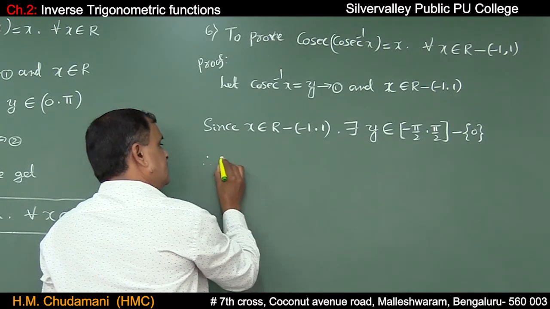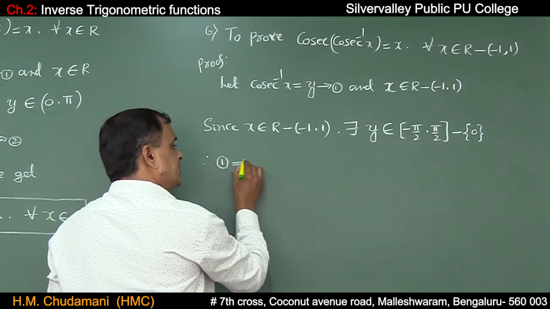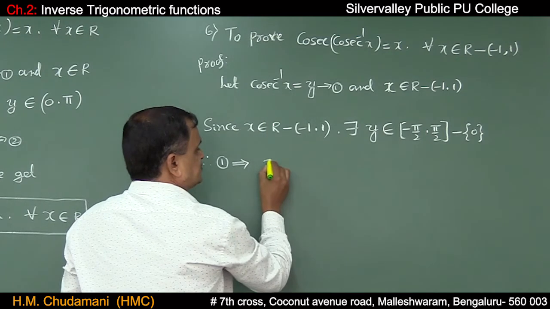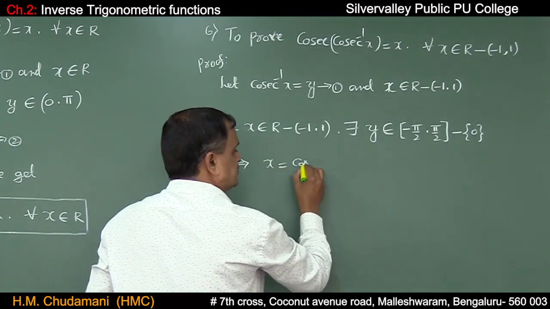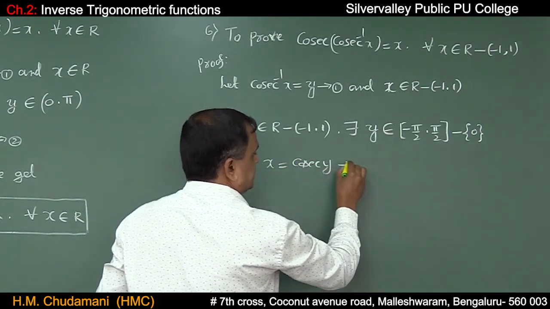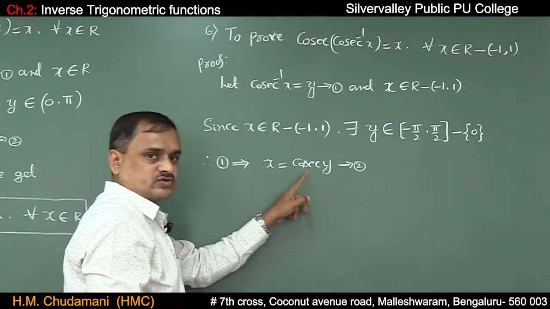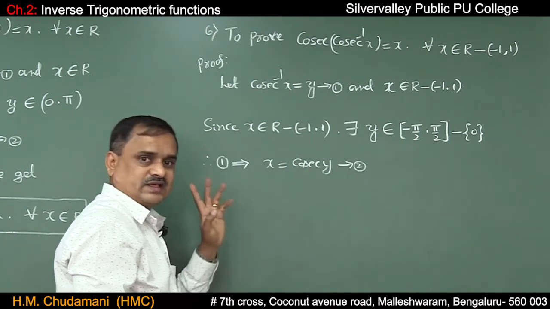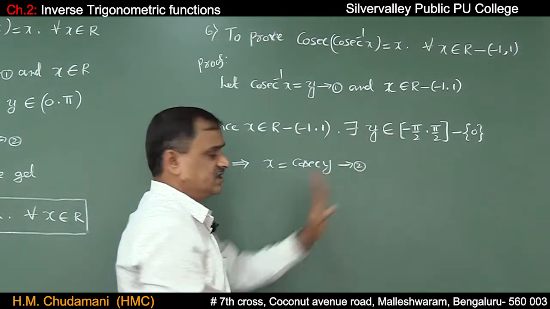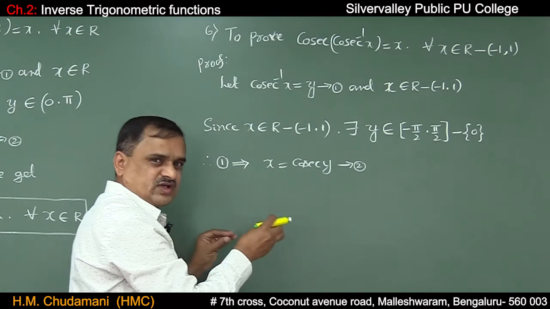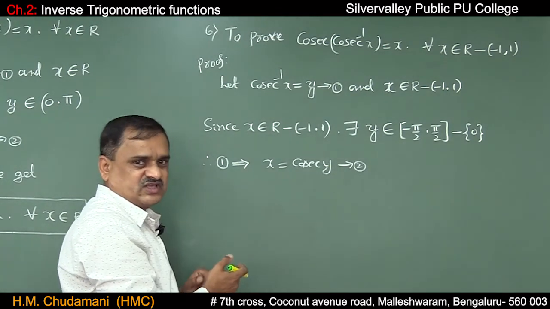So therefore equation 1 can be written as x is equal to cosecant y. If you want to write this, you should know where x and y lie. That's why you need to mention these. Once you learn and practice this method, it will be easy.